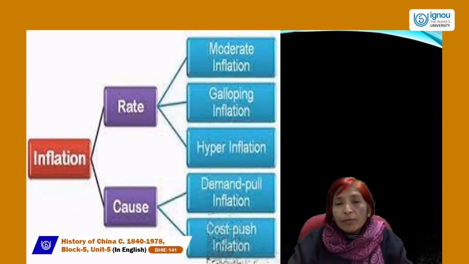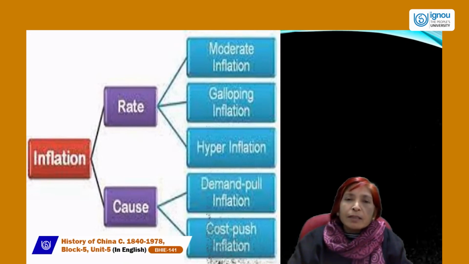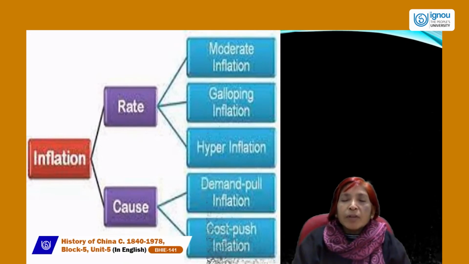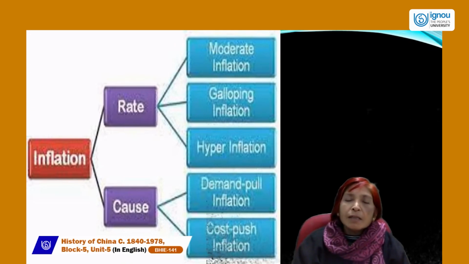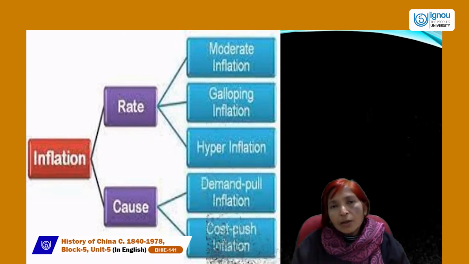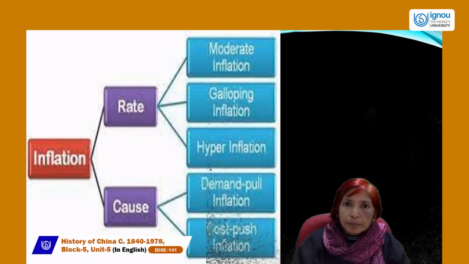And another rate of inflation is mild inflation. When the inflation rate lies between 3% to 4%, or lower than 4%, that is mild inflation. And mild inflation is good for the economy.